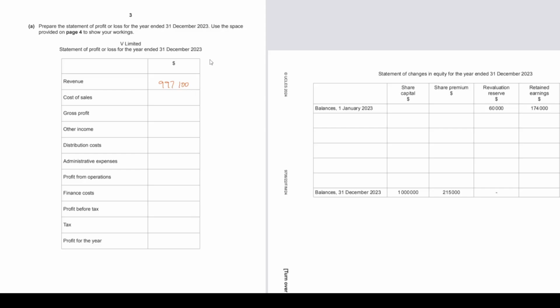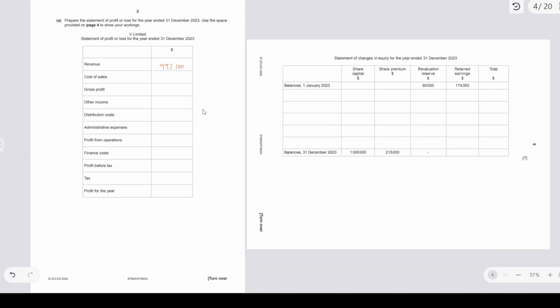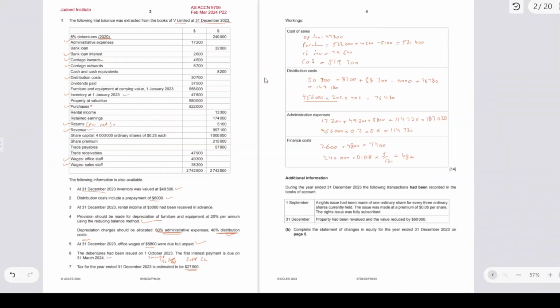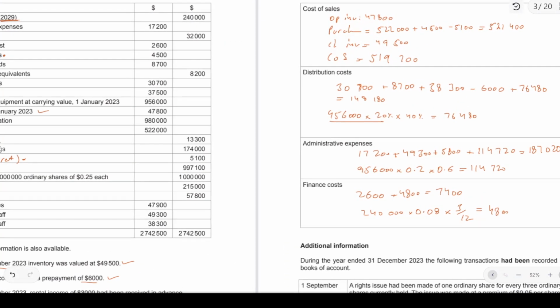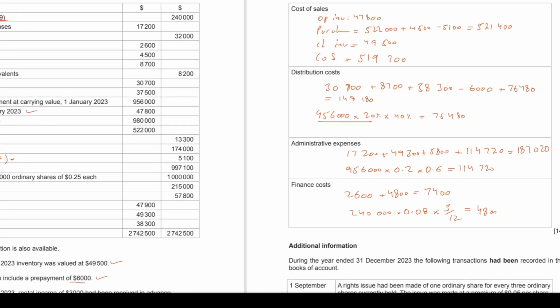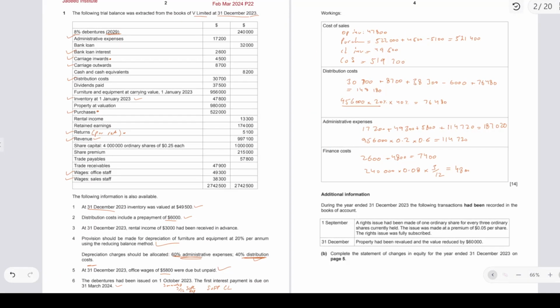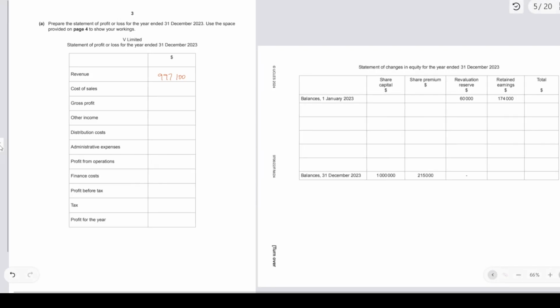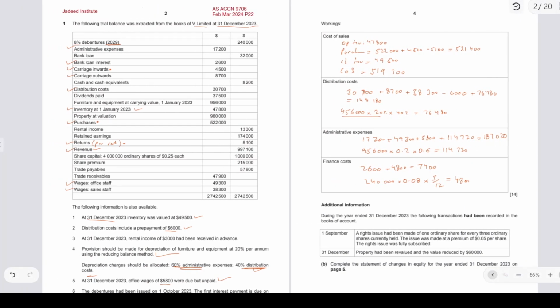Cost of sales, we got 519,700. Is that 519,700 or 200? Okay, I'm going to go with 700, but I hope it is not 200. It's 519,700.